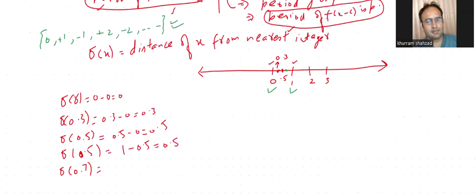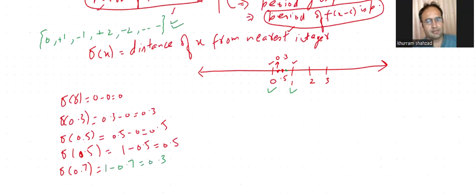So if we are interested to calculate the sigma of 0.7, how can we find this distance? Since 0.7 is nearest to 1, we have to subtract, 1 minus 0.7, which is equal to 0.3.